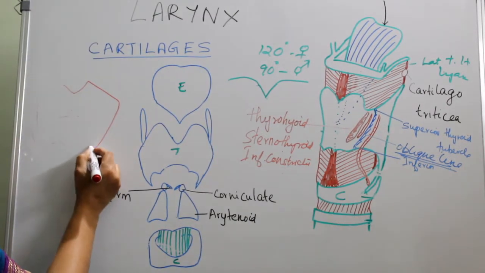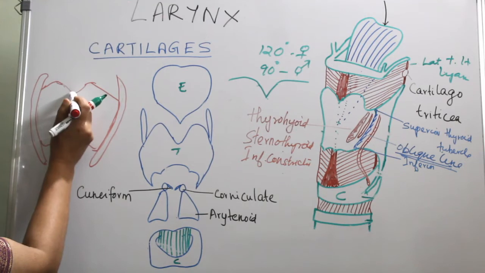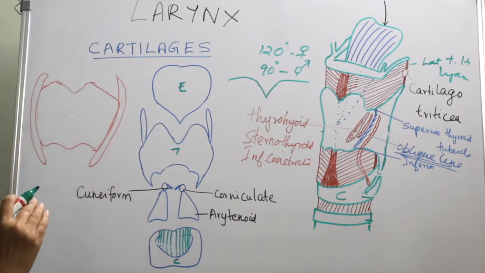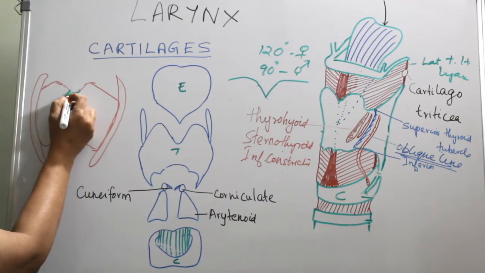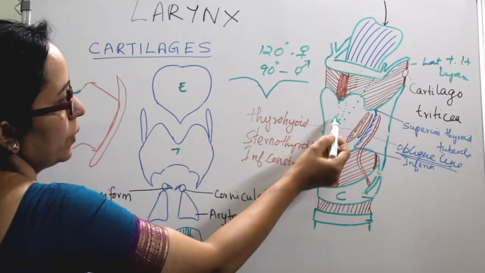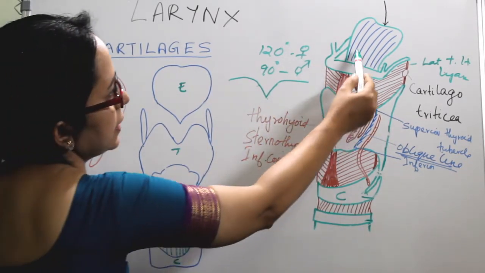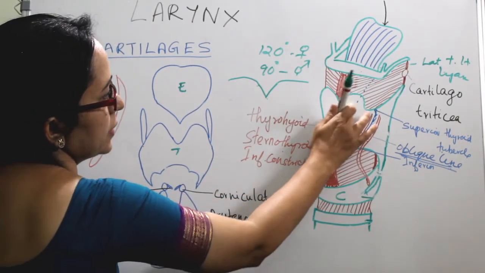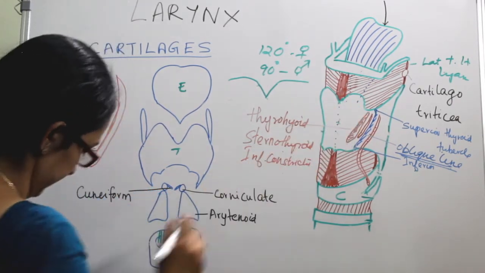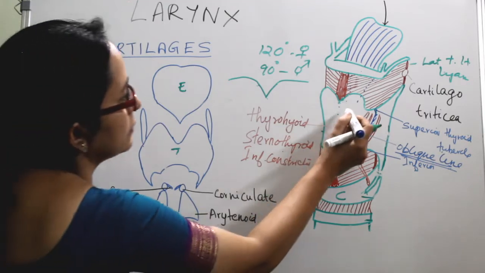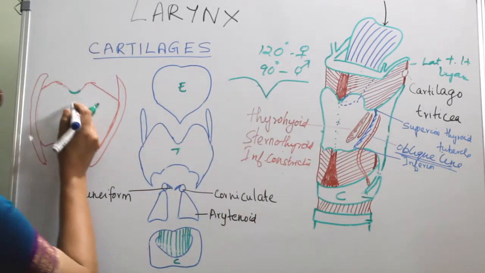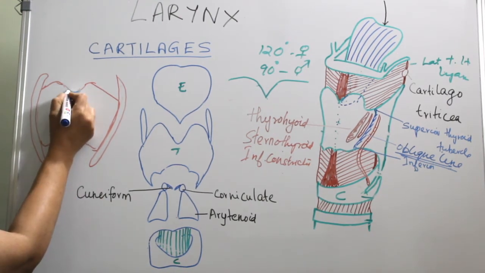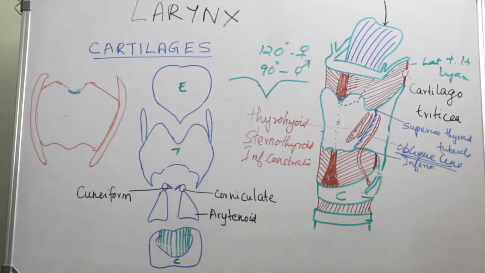If you draw the inner aspect, it will be like this. So this is the inner aspect of this thyroid cartilage. Just below the thyroid notch, you have this ligament, the thyroepiglottic ligament. You can see it here. The epiglottis comes posterior to the hyoid bone and attaches here, just below the thyroid notch, to the thyroepiglottic ligament.